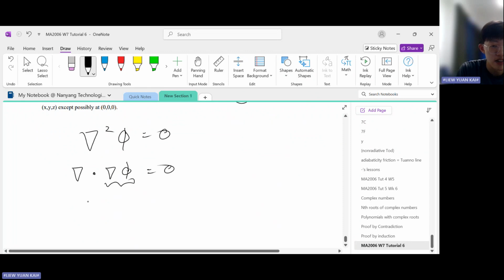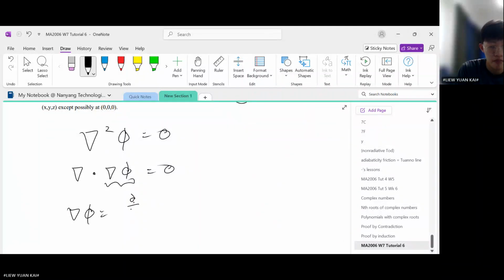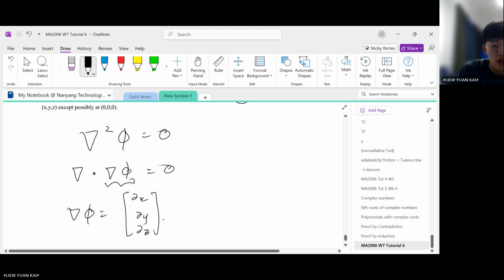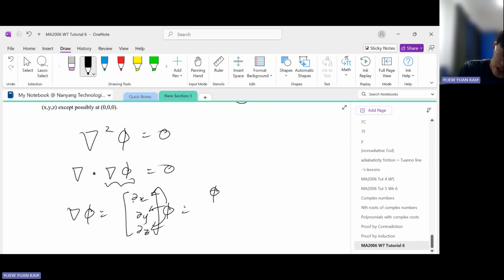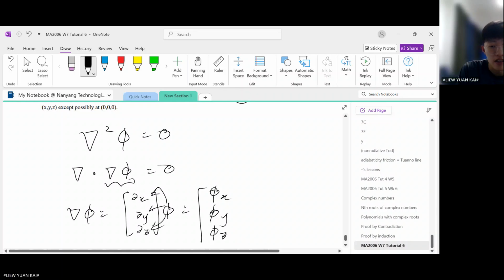First, let's do this one. So this is equal to, replace nabla with its definition. Then scalar multiply phi into each entry. So that means you are differentiating phi with respect to x, differentiating phi with respect to y, differentiating phi with respect to z.